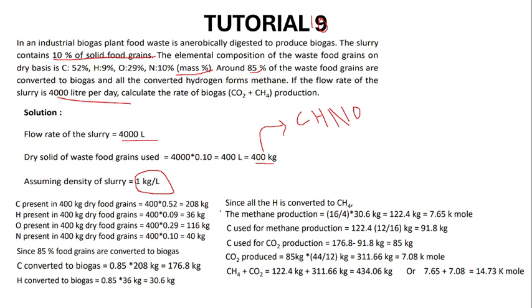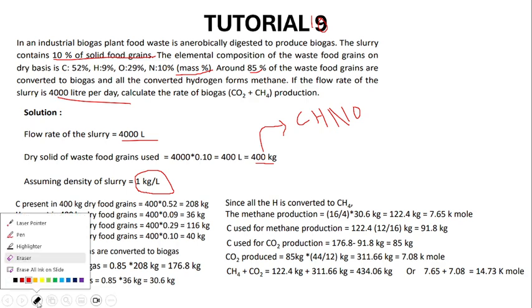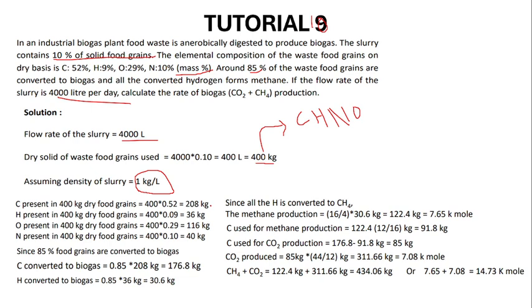Okay, so this much kg of carbon, hydrogen, oxygen, and nitrogen is present in our food grain. Now, we are going to find the amount converted to biogas. The efficiency of conversion is given here as 85%.